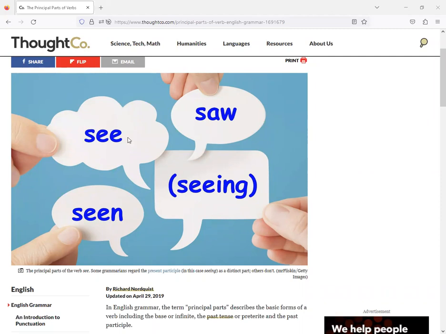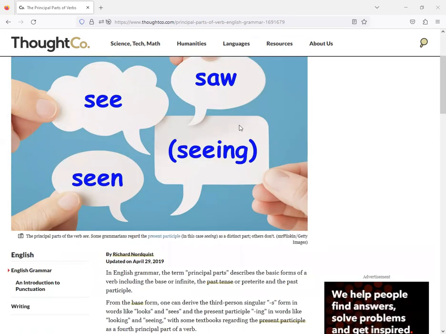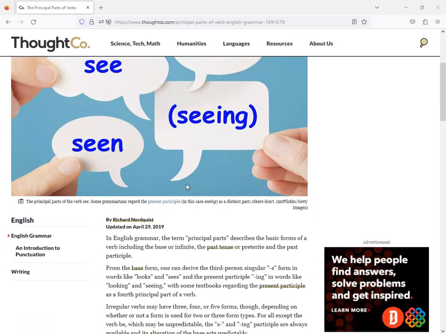And the past simple is? Saw. And the third form is? Seen. And so if we're going to use it in the progressive, we're going to use ing, it will become seeing.